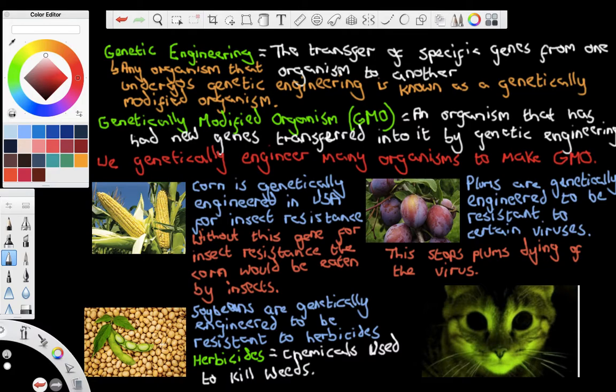How do you know that the genetically modified organisms from which these fruit and vegetables, and legumes, came from haven't had any other side effects like the cat glowing in the dark? And these could have a negative impact on your body. This is why people have a lot of problems with genetic engineering.